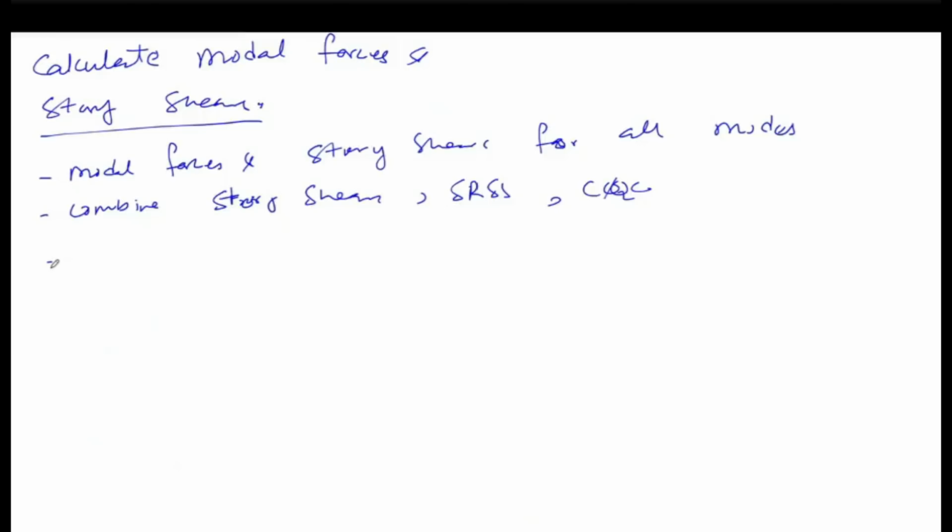So once you combine the story shear, we have to do a reverse calculation to calculate the floor forces. Okay, so you do the reverse calculation to get the net floor forces that produce the same combined story shear.